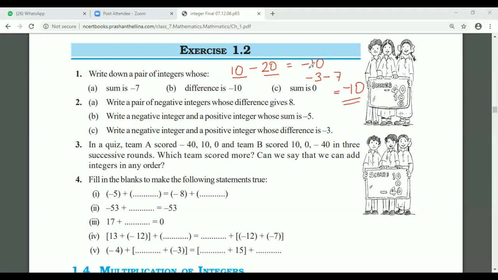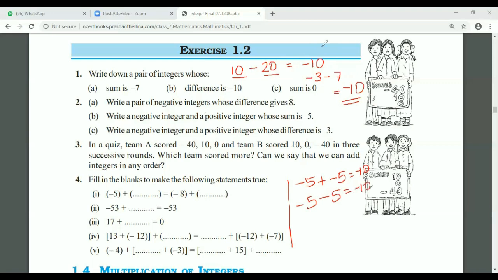Or if you are writing -10 as the sum of two integers, let me write it here, -5 plus -5, you will get -10. If you want to find this as a difference, you can rewrite the statement as -5 minus 5, which is also -10.